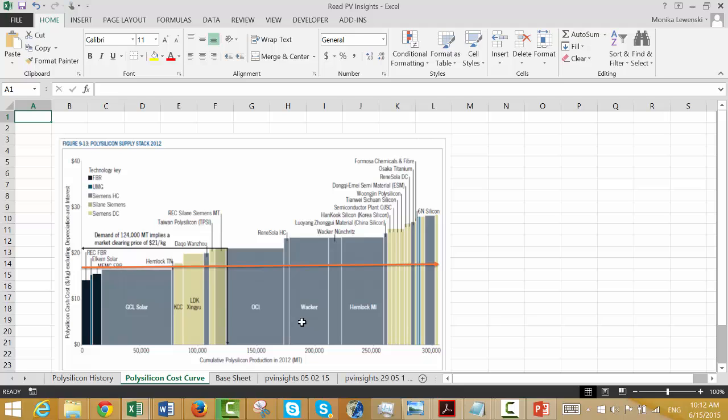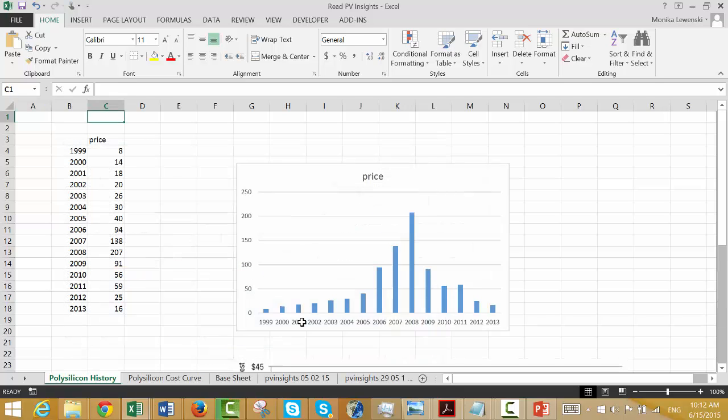Here's a polysilicon cost curve. Fascinating, it's an interesting whole business. Here's the polysilicon price, which went up to 200, and then the thin film manufacturers just assumed that this was the stable kind of price, and they could always have a cost advantage. Of course, it was just a price spike, as we see.